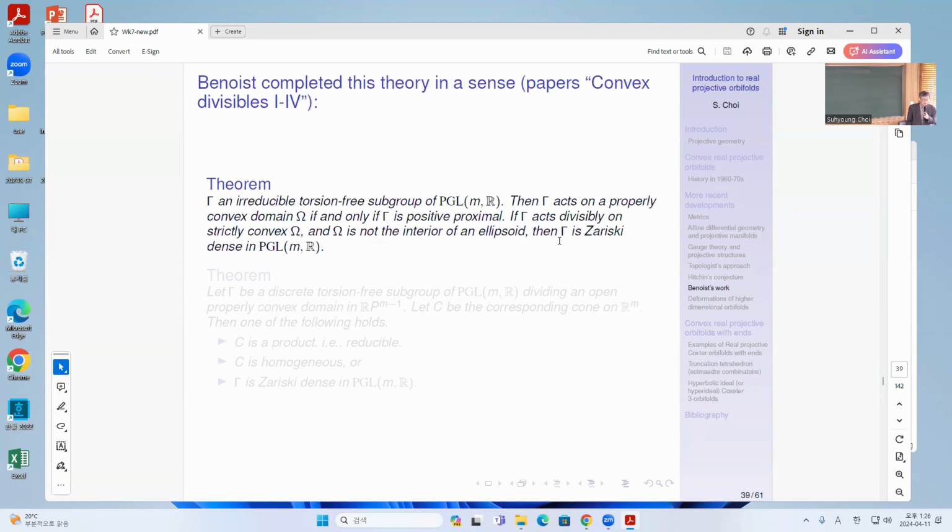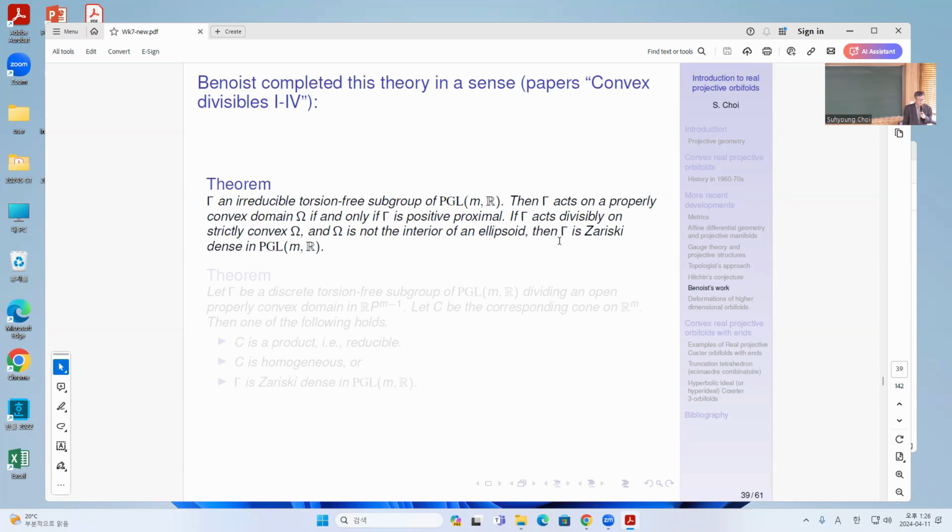What Benoist did was to show that if gamma is an irreducible torsion-free subgroup of PGL(n,R), then gamma acts properly on an actual properly convex domain omega if and only if gamma is positive proximal. Positive proximal means that the eigenvalue of largest norm is positive and has multiplicity 1.